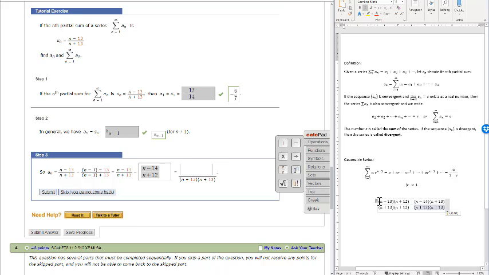So we FOIL out the numerator here. I'm going to do it on the side here. We're going to get n squared. We have negative 13 plus 12 minus n, and then 13 times 12. Ooh, what's 13 times 12? That would be 156, and it's a negative. So let's get rid of this.